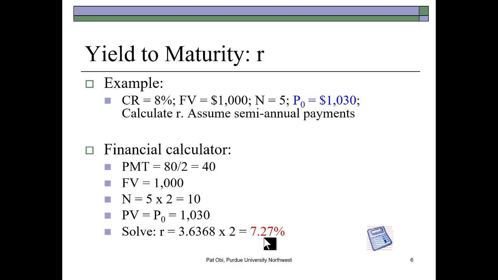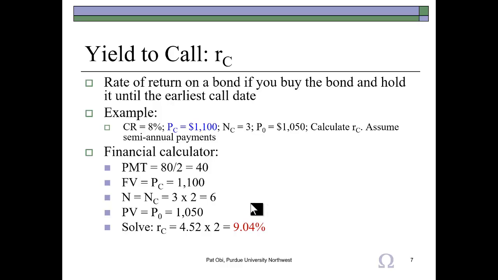And finally here, suppose though that this bond is a callable bond, meaning the bond can be retired prior to maturity. So again, we're assuming 8% coupon rate, $80 every year, or $40 semi-annually. Now though, the bond can be called here 3 years from now. So N sub C means number of years to call is 3 years.